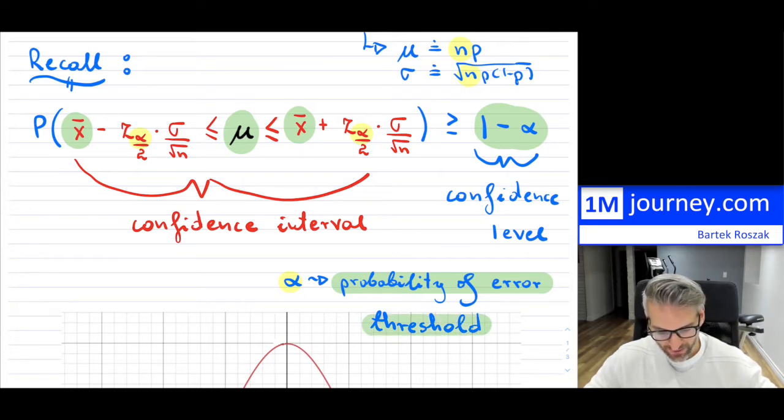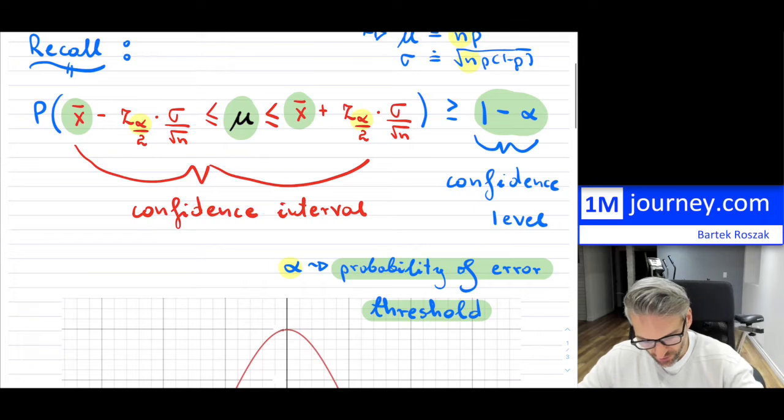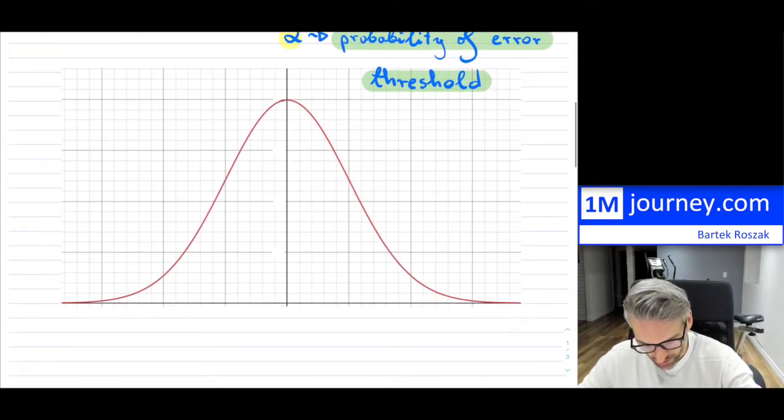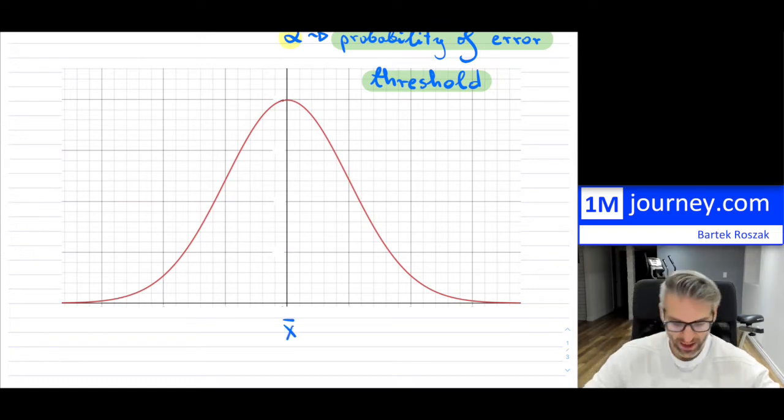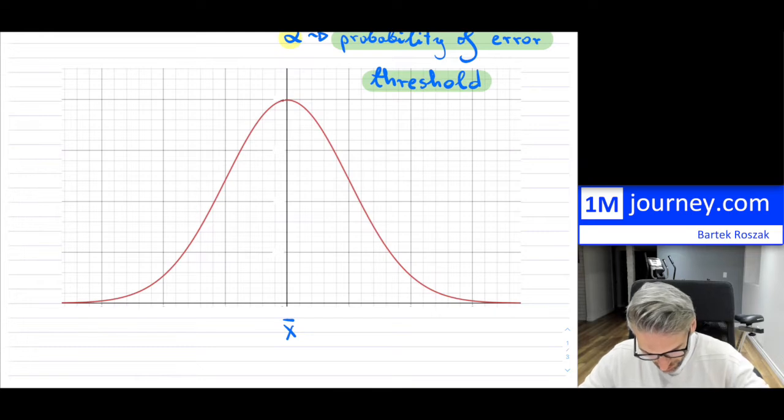And on a graph, what this was actually referring to was the following. So here's our normal distribution. So we would have something like this. We're saying that we're going to have some kind of a sample. Now, this particular sample is going to have some confidence interval, so it's going to fall somewhere in between.